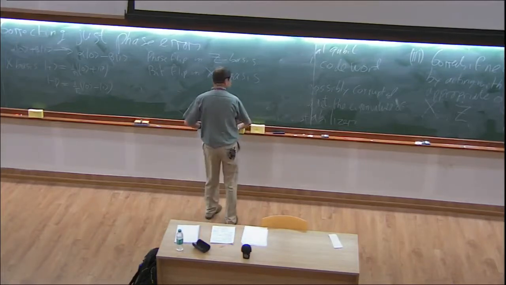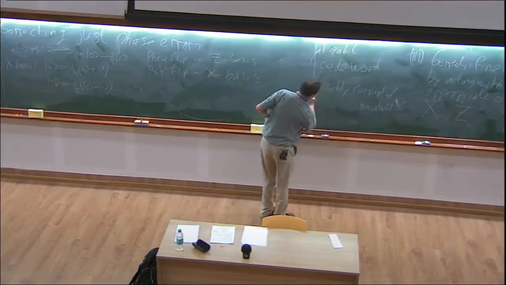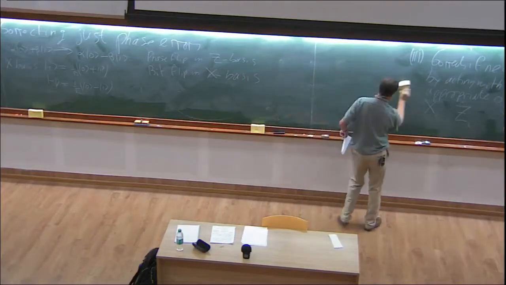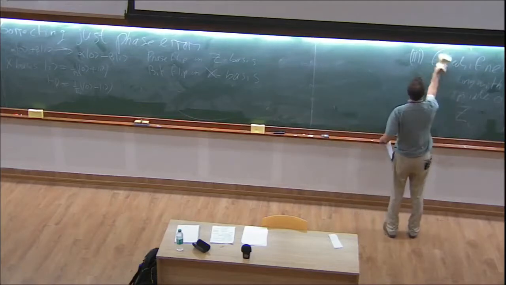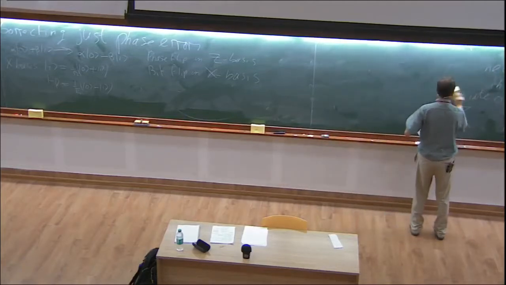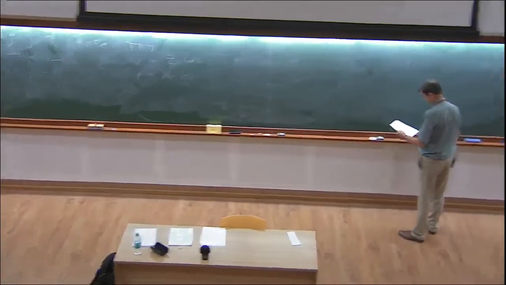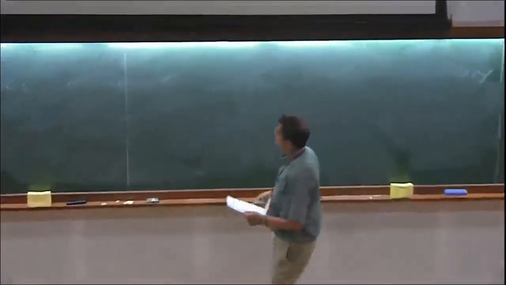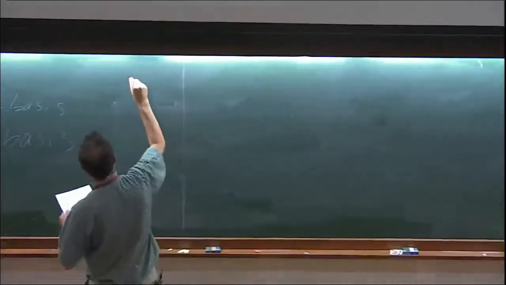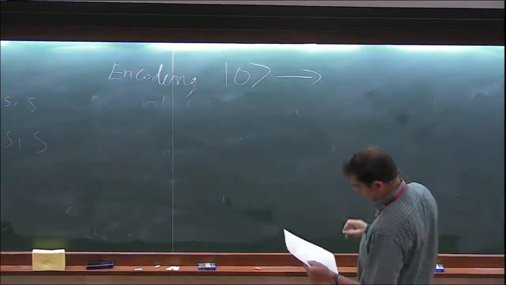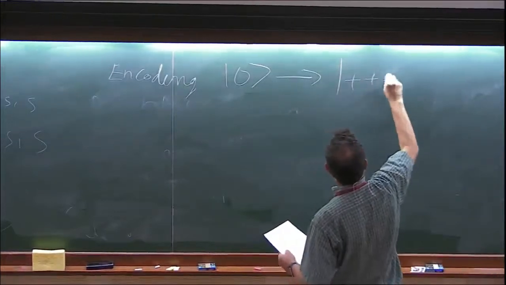Okay, well, so how are we going to do it? So, encoding. The 0 state will not be encoded by 0, 0, 0, but by plus, plus, plus.